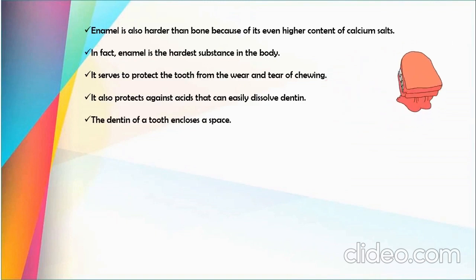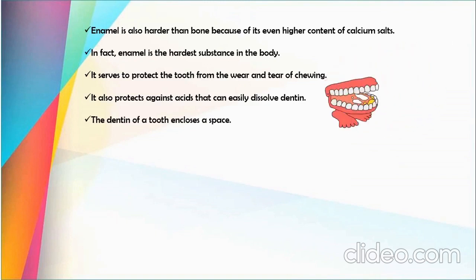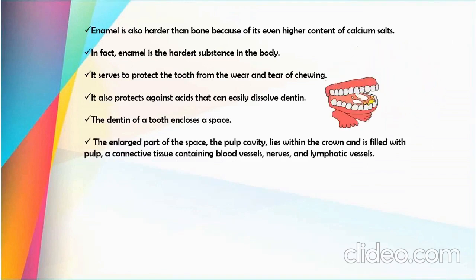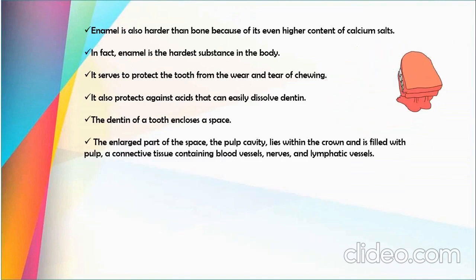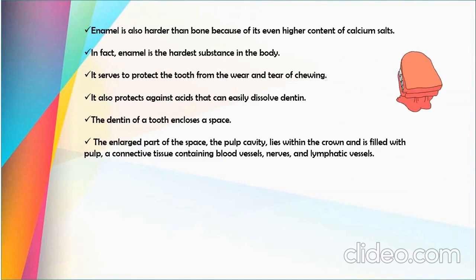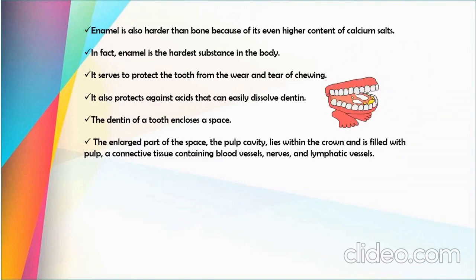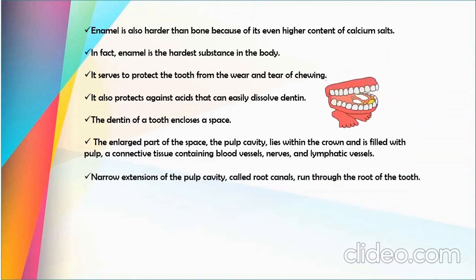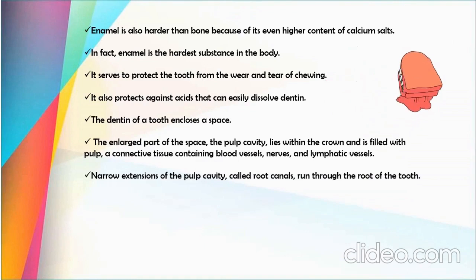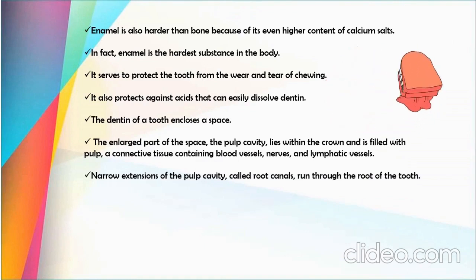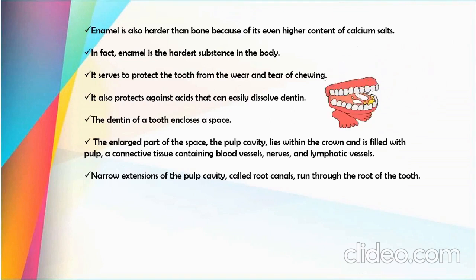The dentin of a tooth encloses a space. The enlarged part of the space, the pulp cavity, lies within the crown and is filled with pulp, a connective tissue containing blood vessels, nerves and lymphatic vessels. Narrow extensions of the pulp cavity, called the root canals, run through the root of the tooth.